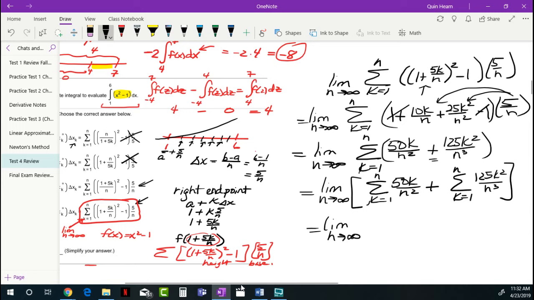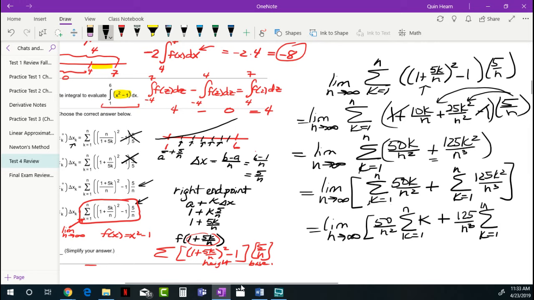And then we're going to break this apart. One thing about a summation is just adding up a bunch of terms. So if you have a sum inside the summation, you can break it up into 2 summations. So we're going to take the limit as n goes to infinity, the sum k equals 1 to n of 50k over n squared plus the sum k equals 1 to n of 125k squared over n cubed.